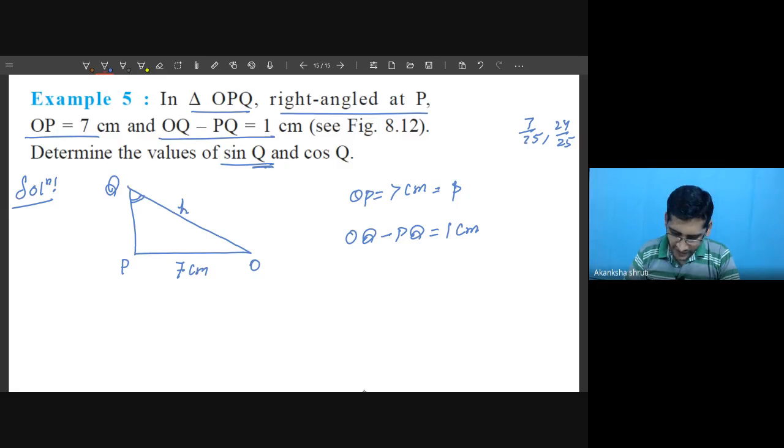So observe this. 7 will act as the perpendicular because it is in front of Q. The hypotenuse is OQ, which is in front of P, and the other side you may consider as B, not P. This is what is important.